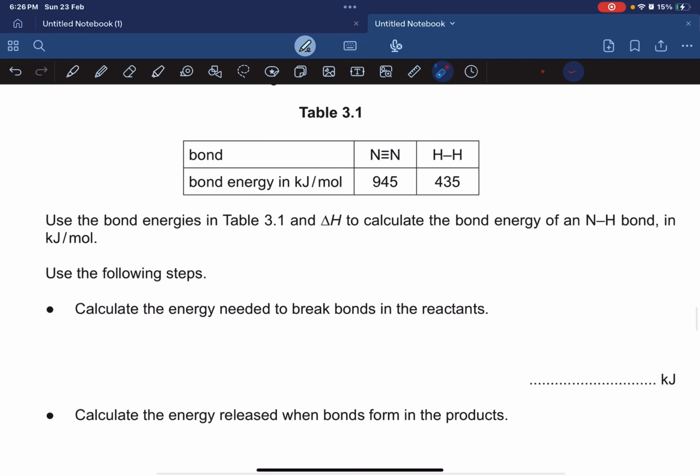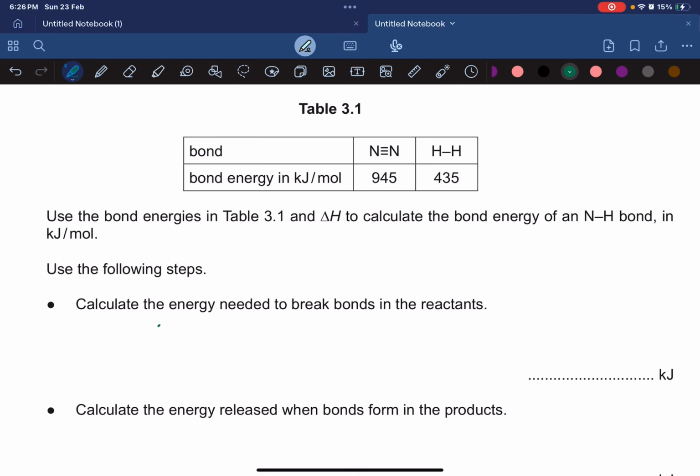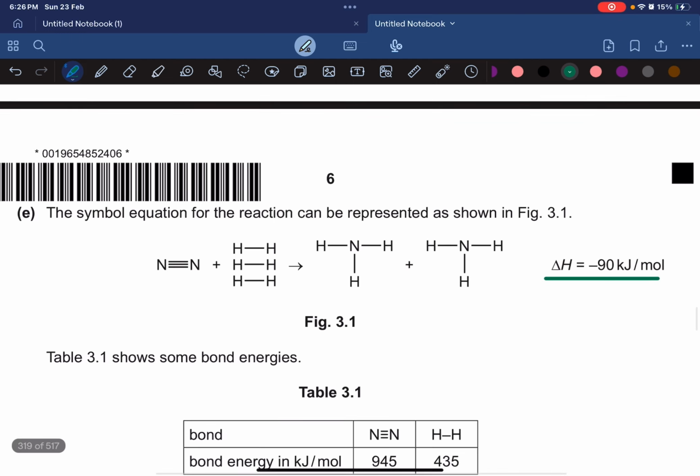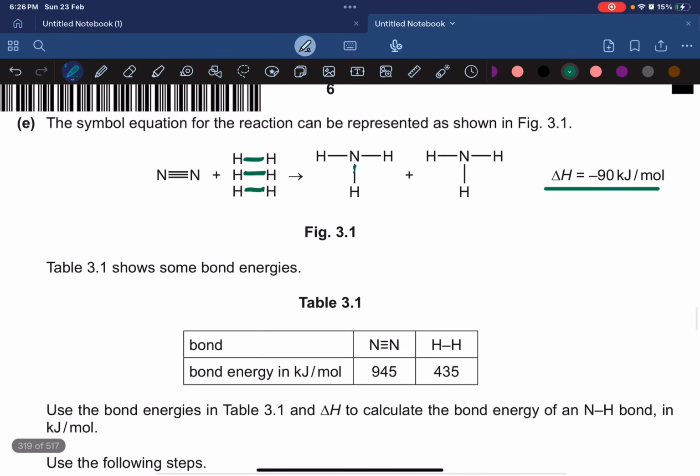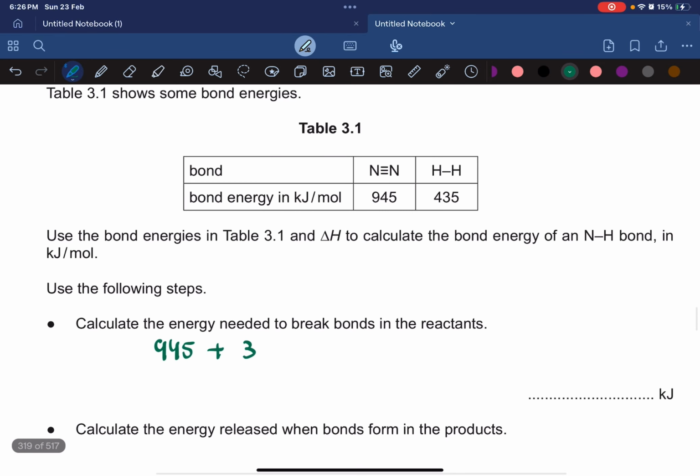So for reactants it's going to be 945 plus 3 times 435.